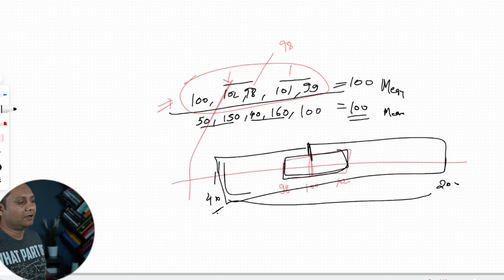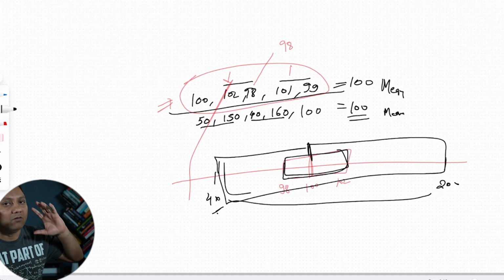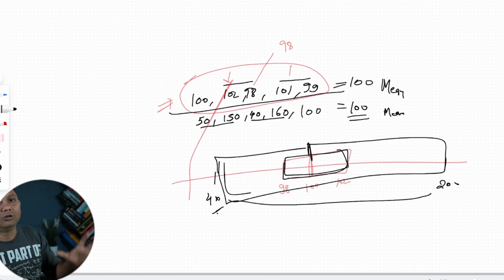So when you are trying to represent a group of numbers with one number, we use mean, median, or mode. We saw that mean carries the maximum information, but even then, alone it is not sufficient to give us the whole picture of how the data originally was.